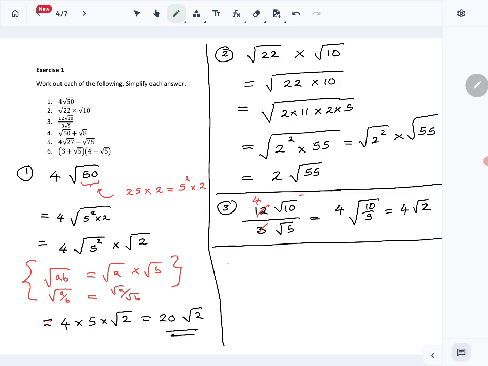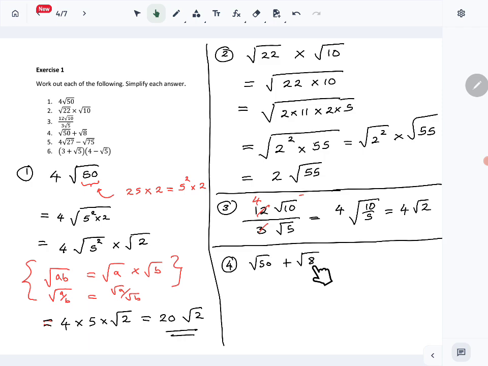Then let's look at the fourth one. Square root of 50 plus square root of 8. Right. So this is similar to the first question. Instead of one term, you have two terms, but the simplification is the same method. Write the inside number as a square number times another number.